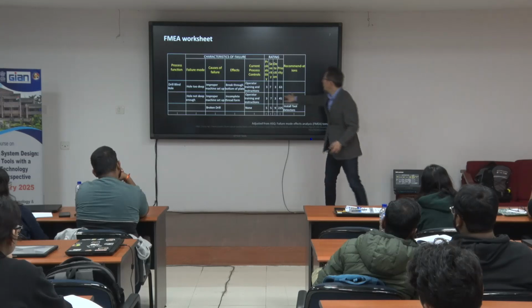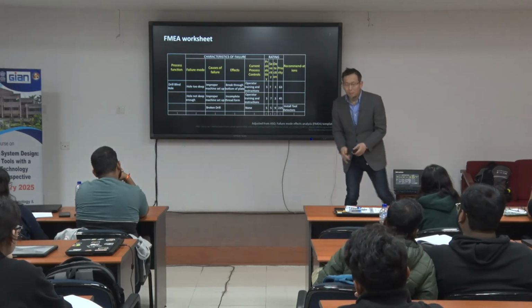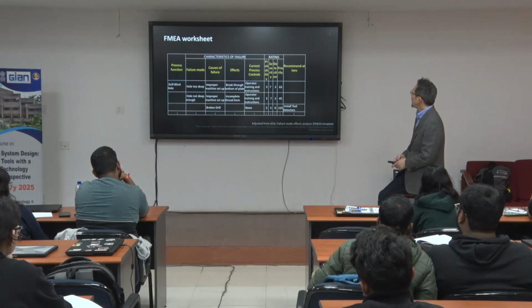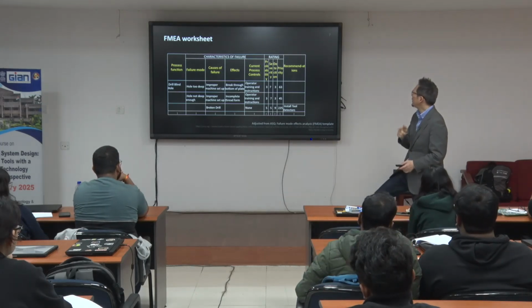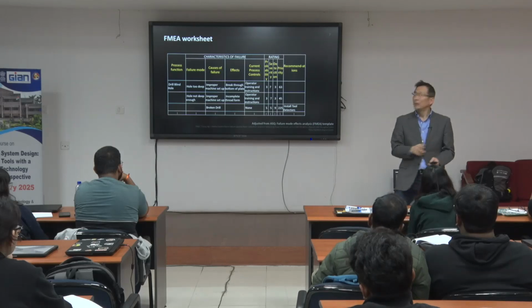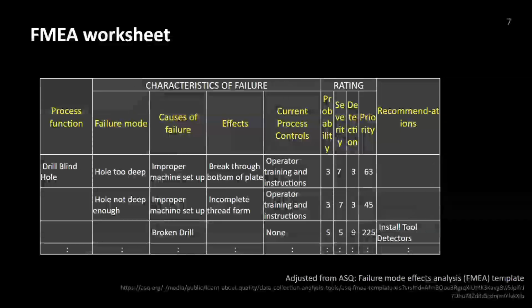And here, there are 3 columns with numbers each. That consists of probability, severity, and detection. And the last column, the 4th column, is the product of these 3 numbers, multiplication of the 3 numbers.